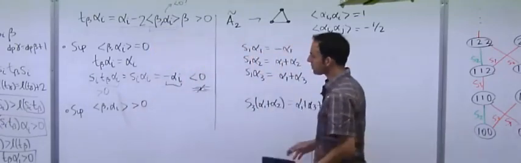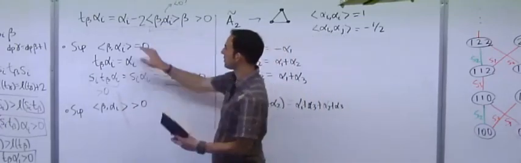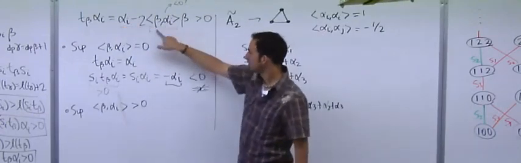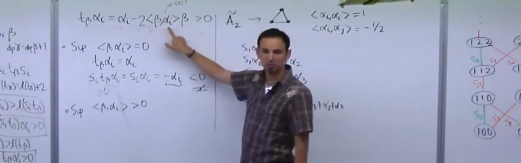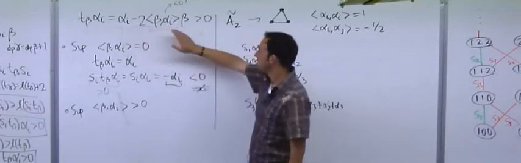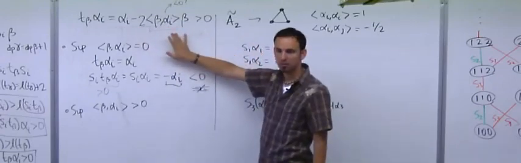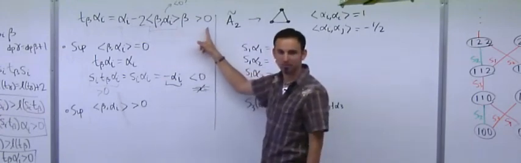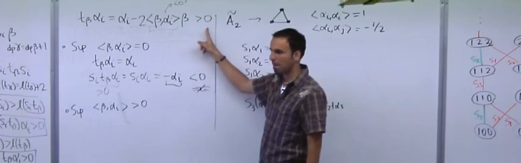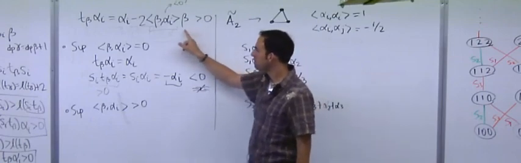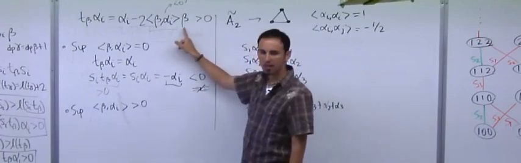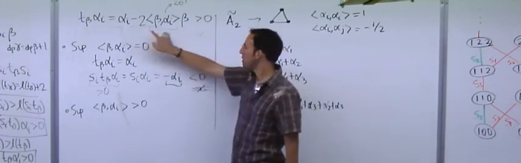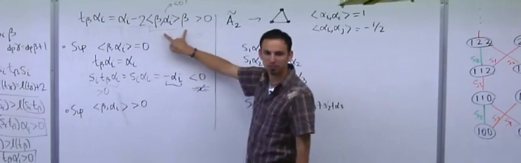Okay. Now look at this expression. I have alpha I minus... This is a positive number. So I'm taking alpha I, subtracting something positive, and I'm staying positive. So if beta contained anything other than alpha I, then I would automatically get negative coefficients.